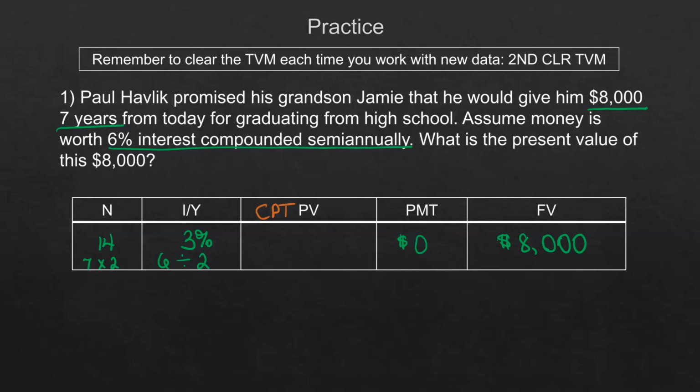So the amount of money that would need to be invested would be $5,288.94. And we put that as a negative because that would be going into the bank to earn interest and grow to $8,000. One thing I might point out is present value is always a smaller number than future value. And future value is always larger than present value.